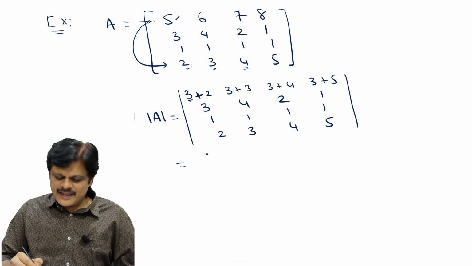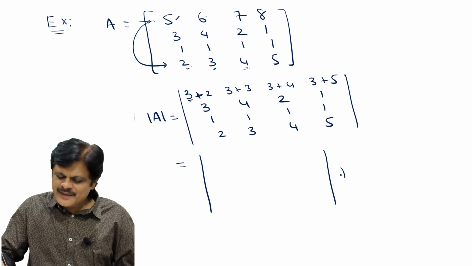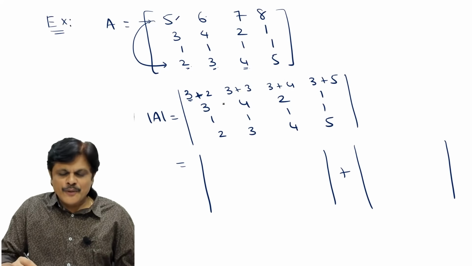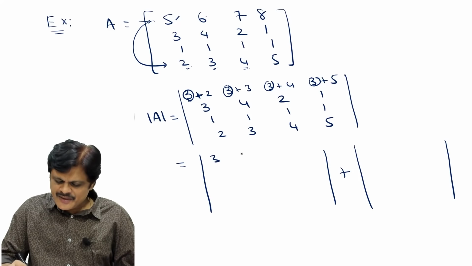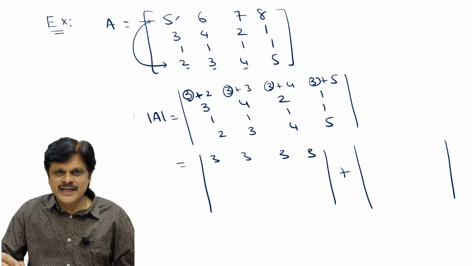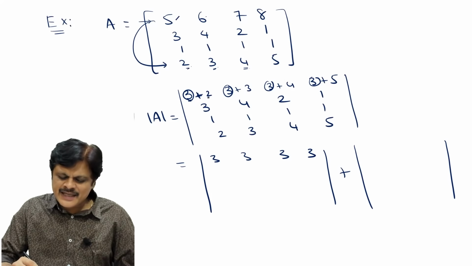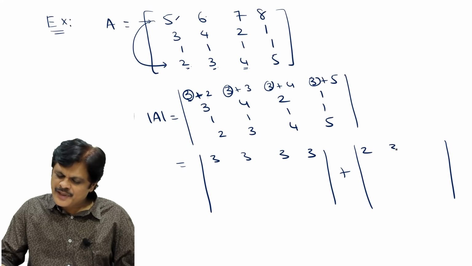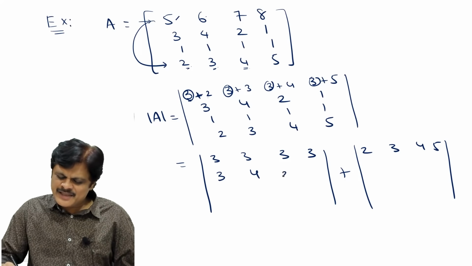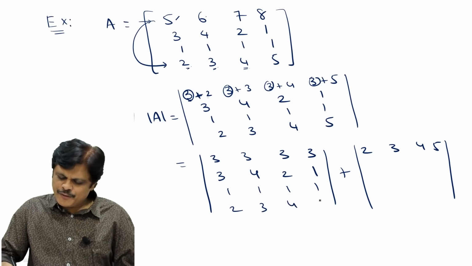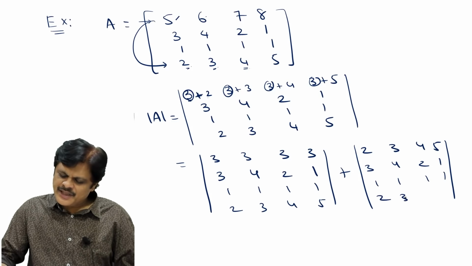In this particular case, you can write this as a sum of two determinants, where one determinant will have the first elements, that is 3 3 3 3, and the second determinant will have the second elements in this sum, that is 2 3 4 5. Remaining elements stay as they are: 3 4 2 1, 1 1 1 1, 2 3 4 5, and the rest of the story is the same here also: 3 4 2 1, 1 1 1 1, 2 3 4 5.